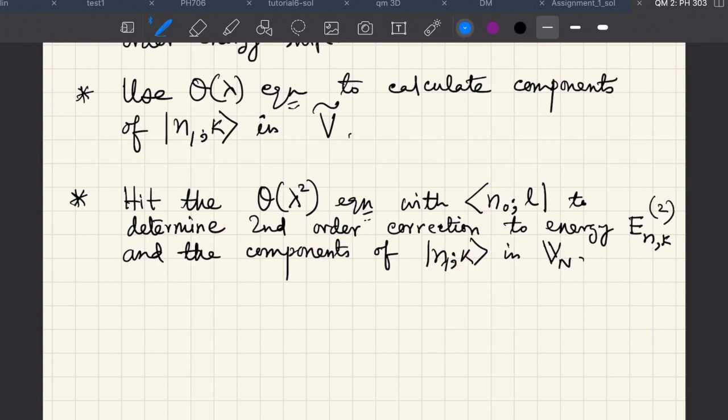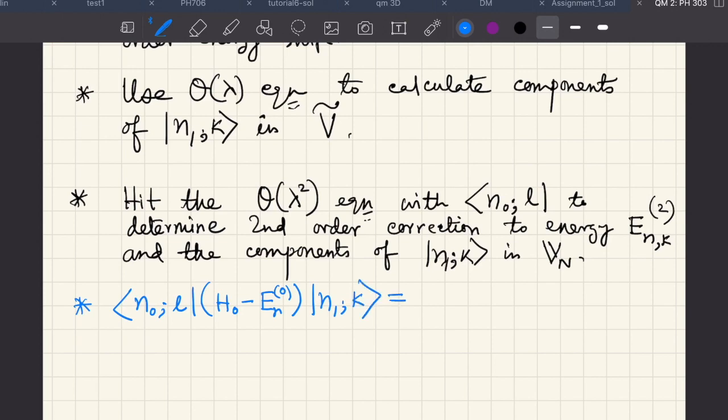So let us actually, for today, look at this first part only: n0L, (H0 minus En0), this is the equation, n1K.